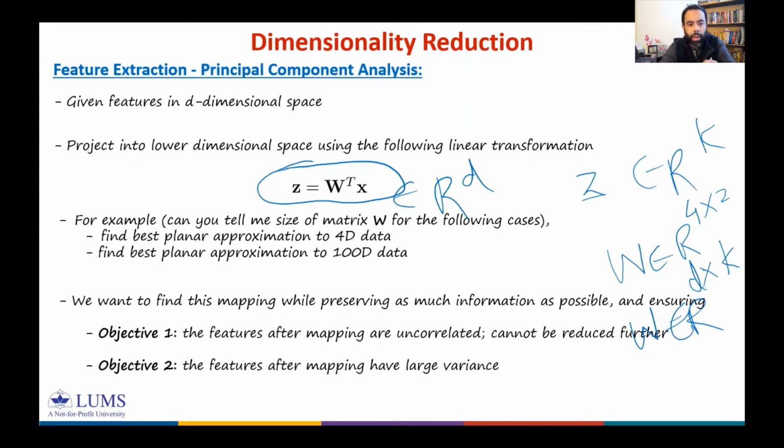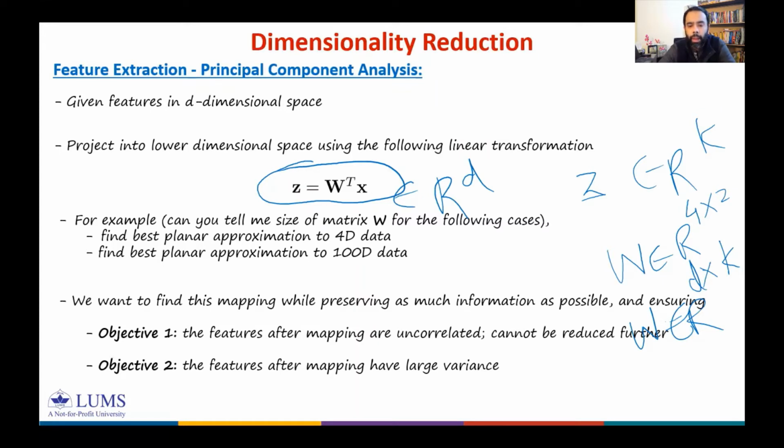If your features have large variance, that means you are capturing most of the variation across your data set, right? So PCA is the one that achieves these two objectives by design. We design principal component analysis in such a way that it will serve these two objectives.